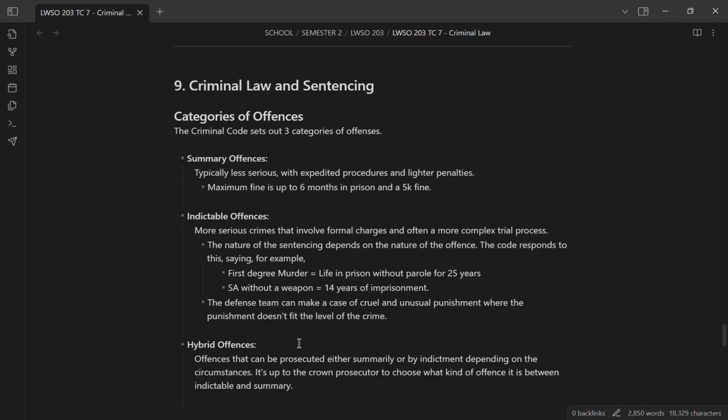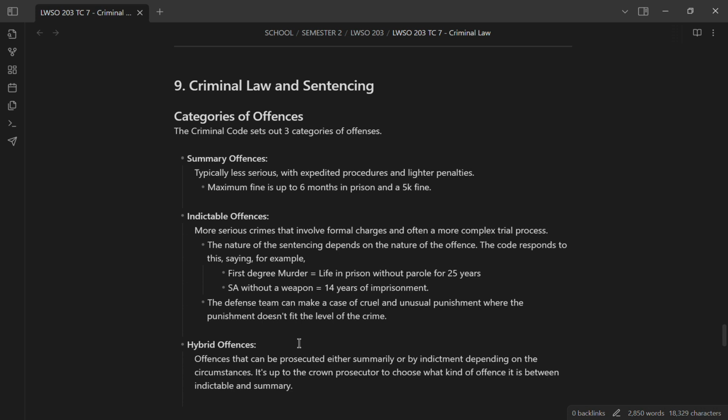Indictable offenses, the next one we talked about, are more equivalent to felony offenses. They're much more serious, and they can have a complex trial process. They're typically things like murder, assault, burglary, whatever it may be. The nature of the sentencing in indictable offenses depends on the nature of the offense, right?